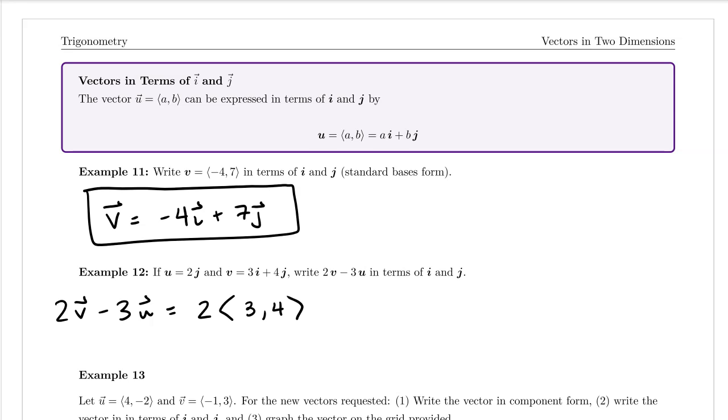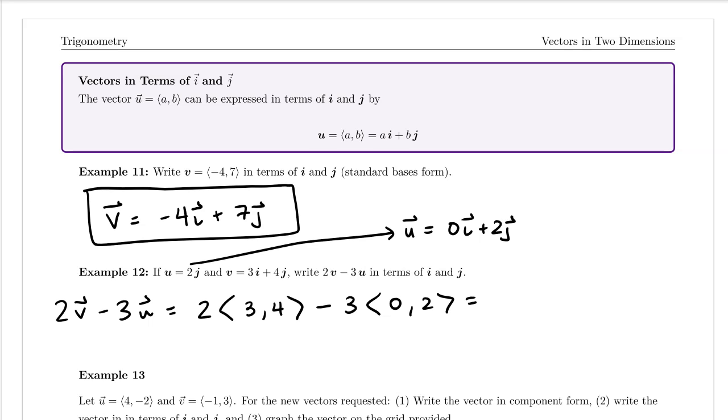Notice that I'm writing it in component form first, and then minus 3 times our vector u. So if it's 2j, that means that vector u is equal to 0i plus 2j. So then in component form, that would be <0, 2>.